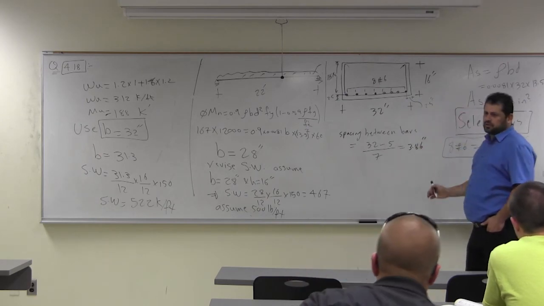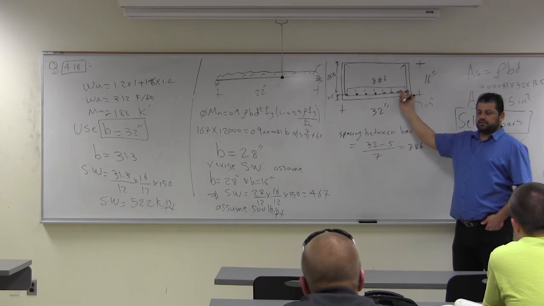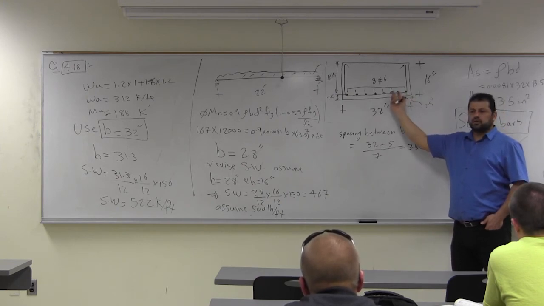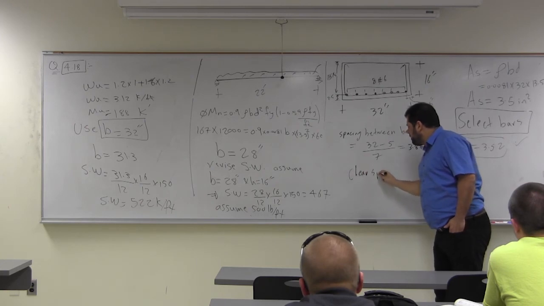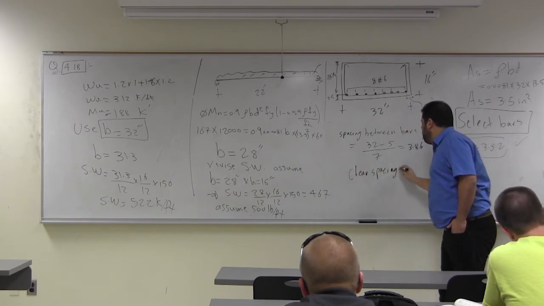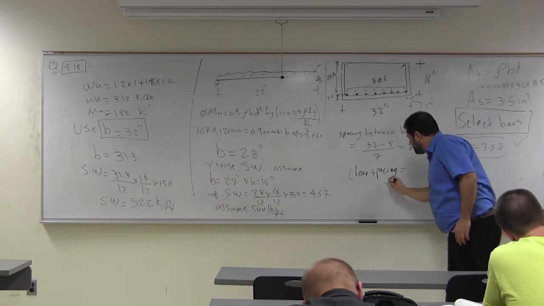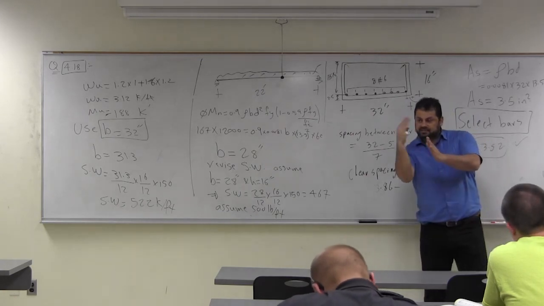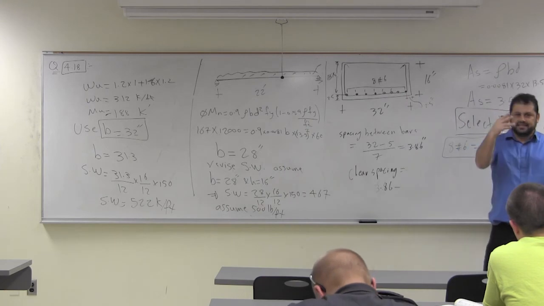3.86 inch. Is this good or not good? To the center, by the way. To the center. Right? This is between them, to the center. What's the clear? 3.86 minus what? Half the 6 from here and half the 6 from here. We said, what's the diameter of number 6? 6.8.